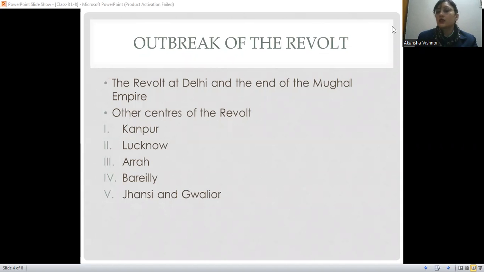They were sentenced to 10 years imprisonment. This sparked off the revolt, which started at Delhi and ended the Mughal Empire. There were other centers of the revolt: Kanpur, Lucknow, Arrah, Bareilly, Jhansi, and Gwalior.